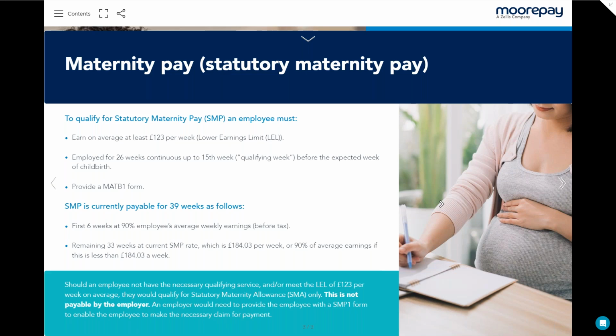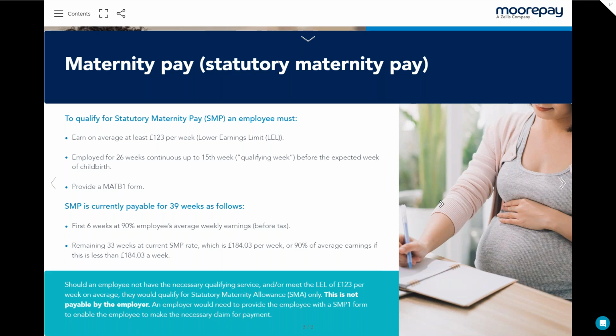At that point, they would have had to have been employed by you to qualify for maternity pay. They would also need to earn an average of £123 per week in the 8 weeks or the 2 months prior to the qualifying week to be entitled to maternity pay.